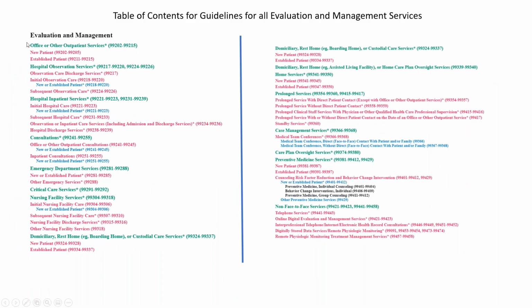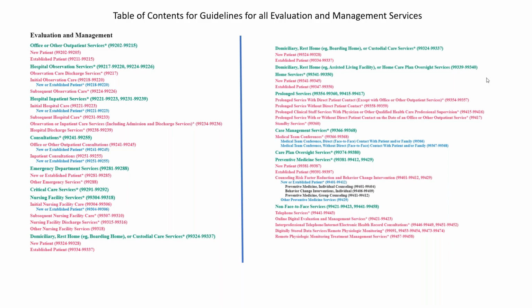All right, so this is still the table of contents too, just expanded version. In evaluation and management, you have office or other outpatient services. This is where you'll find the guidelines. You'll find guidelines for observation services, inpatient services, consultations, emergency department, critical care, nursing facility, domiciliary rest home, or custodial care services.